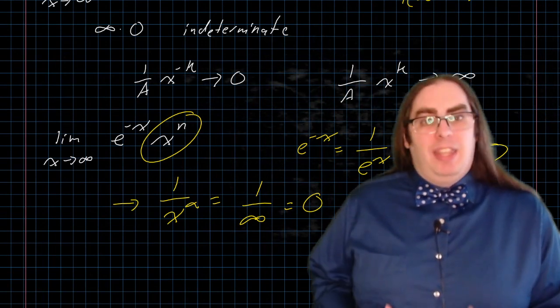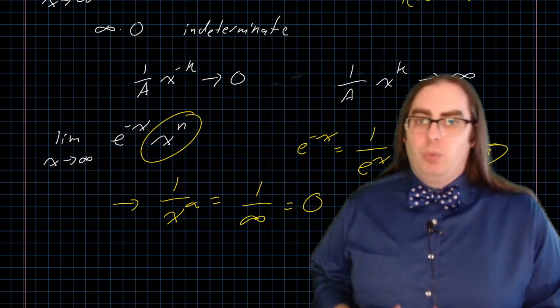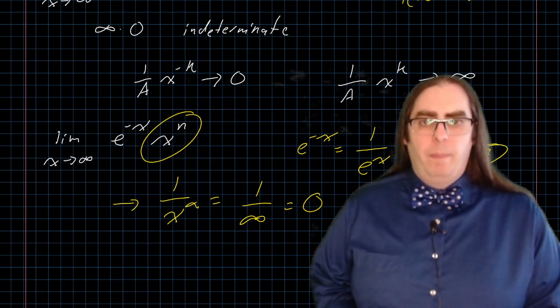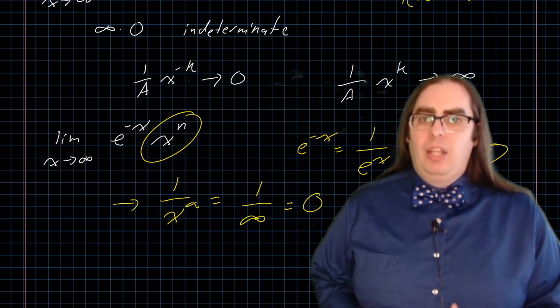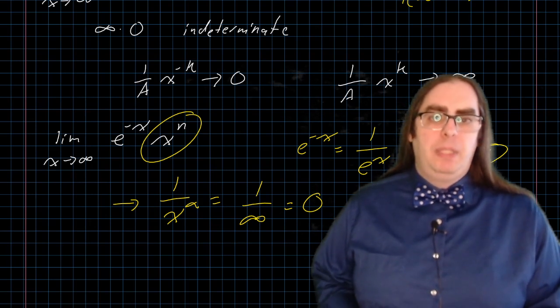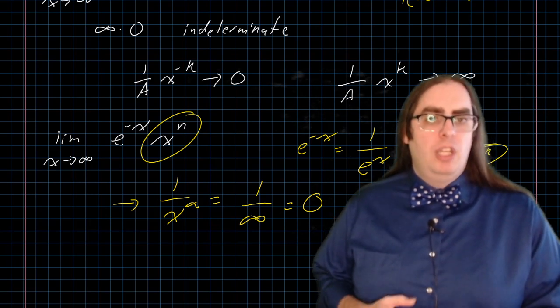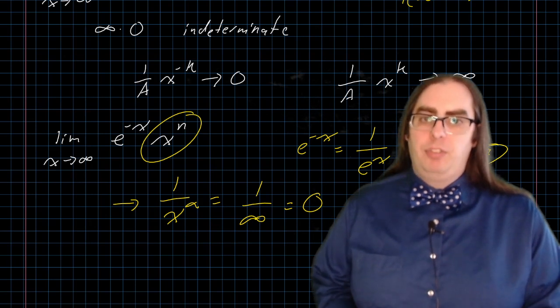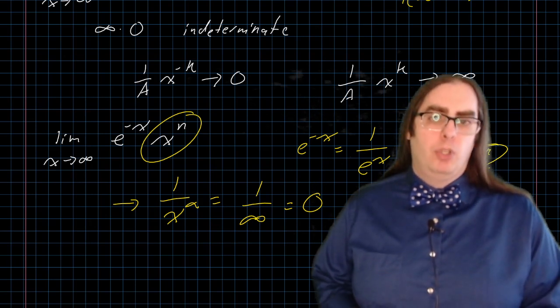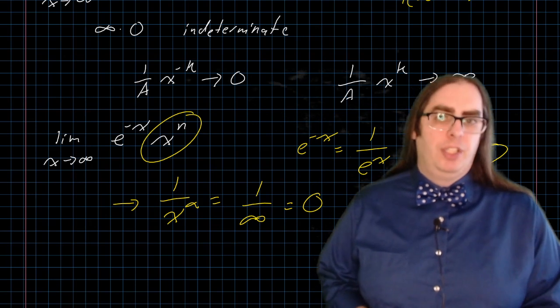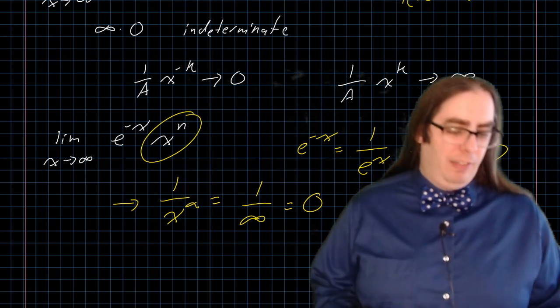I don't want to have to think about the limits any further. I just want to know these results. And they are going to be important to us because the properties of the Laplace transform are going to be built around exponential functions going towards infinity.